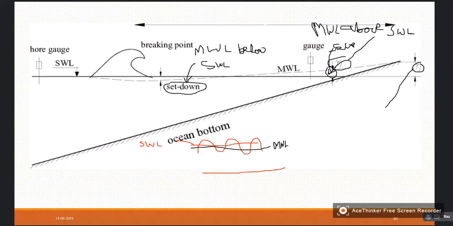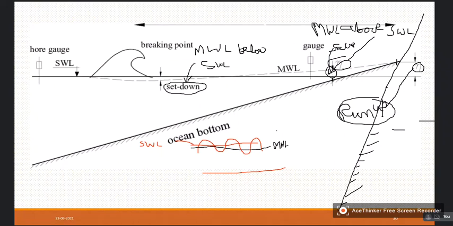This is your shoreline, and the waves are approaching from some direction.